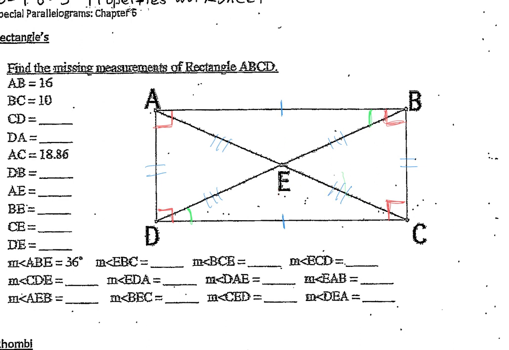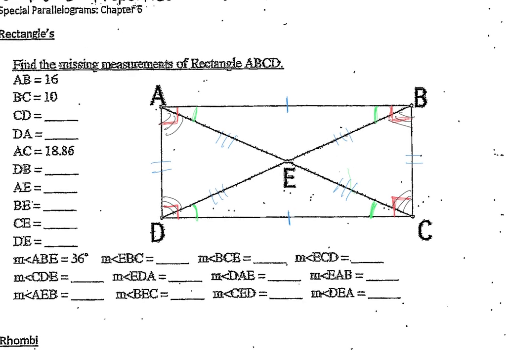So I also know that angle ABE is congruent to angle BAE and ECD, these two here. And then I can continue that further and mark the rest of these interior angles as congruent.